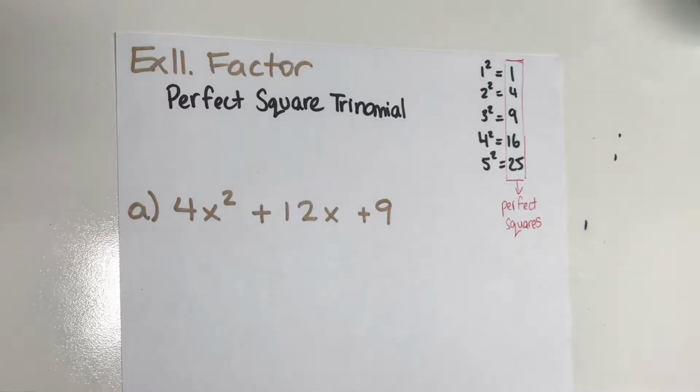So if I give you a number like 81, you should be able to identify that 81 is a perfect square because we get 81 by multiplying 9 times 9.